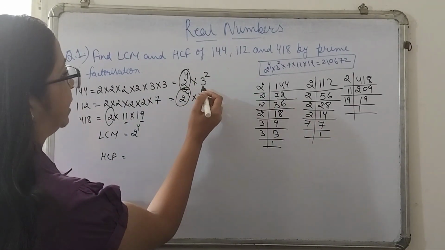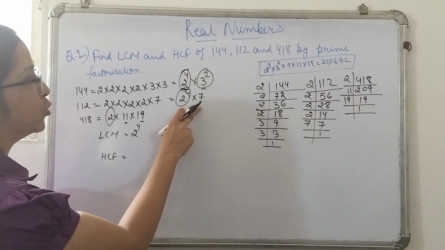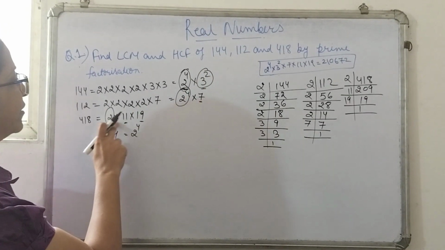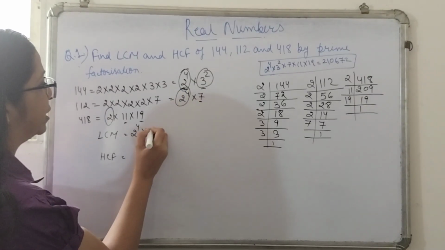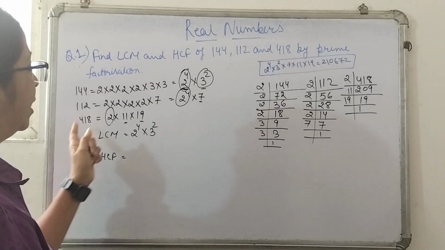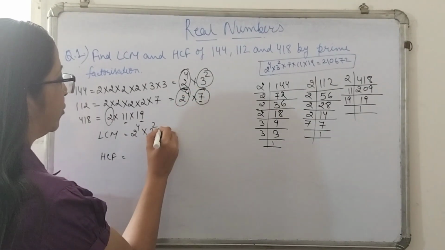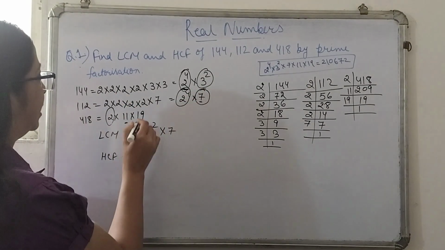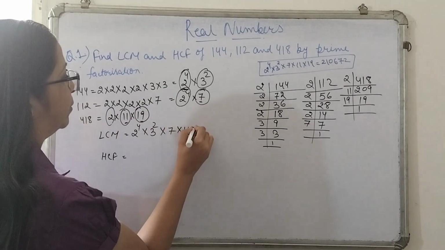Now the highest power of 3: here it is 2. There is no multiple of 3 here, and here also there is no 3. So the highest power of 3 is 3 raised to the power 2. The highest power of 7 is only 7 here, so we will take 7 also. 11, we will take 11. And 19, we will take this.